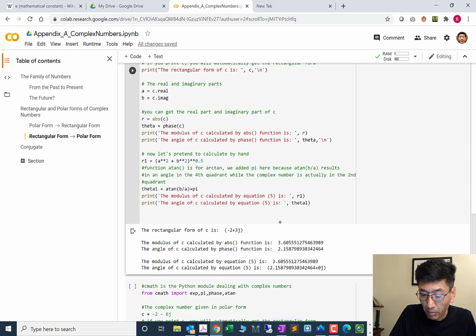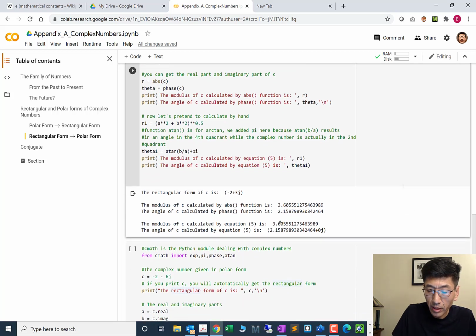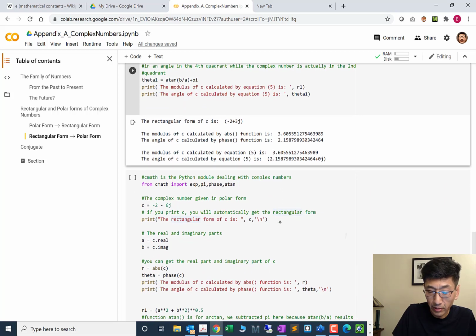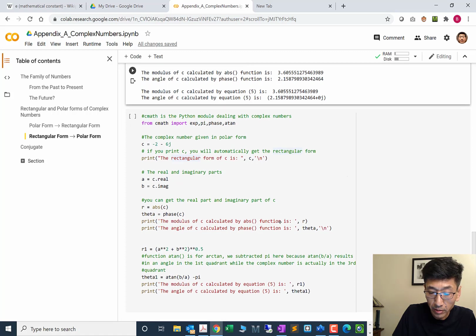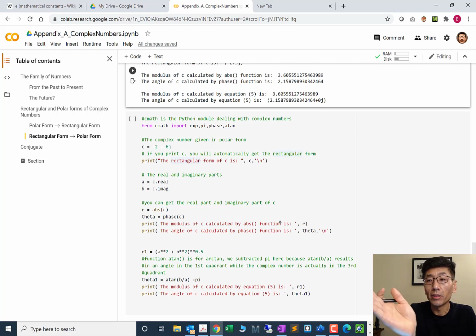So let's see another one, -2 minus 6j. In this case, we have the third quadrant, right? If you take arctangent of b over a, you get the angle in the first quadrant. To move to the third quadrant, you need to subtract pi, right? So I did the minus pi here.